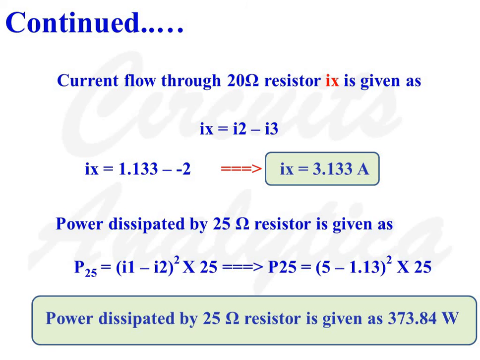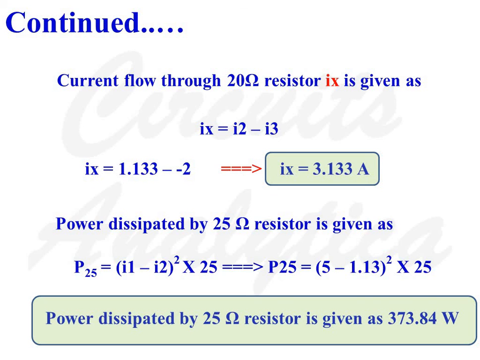Power dissipated by the 25 ohm resistor is given as P25 is equal to I25 square into 25, where I25 is the current flowing through the 25 ohm resistance, which is given as I1 minus I2.